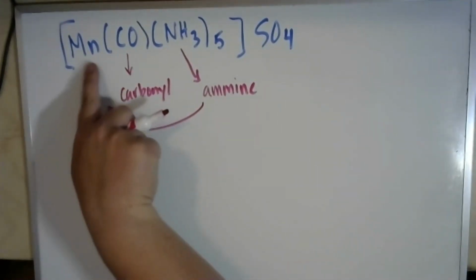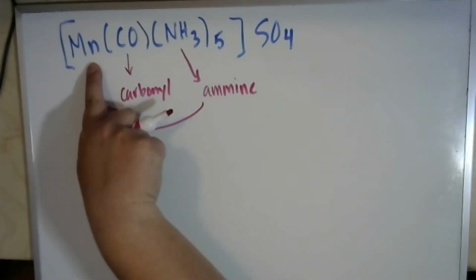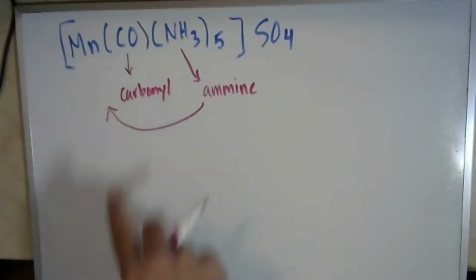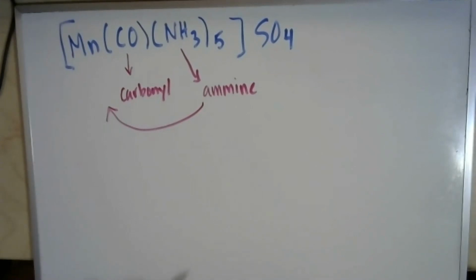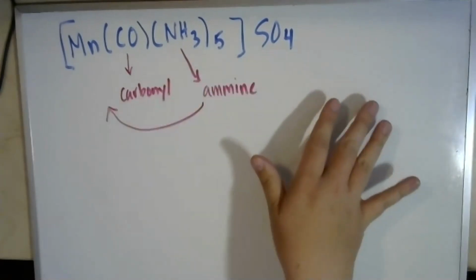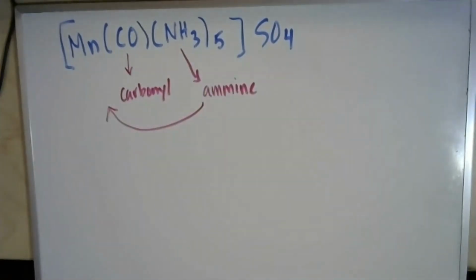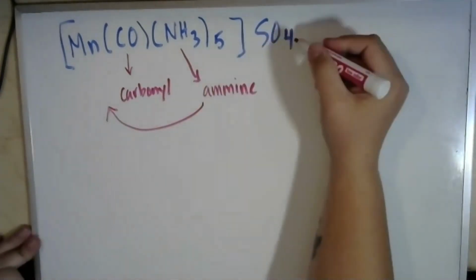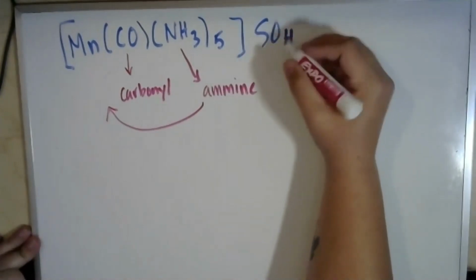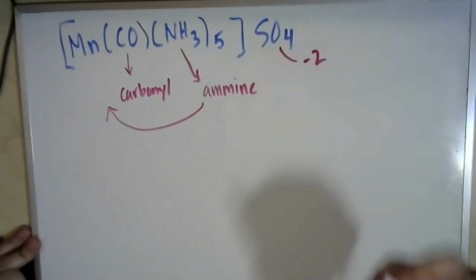Now to figure out what the charge is on our metal, we're going to look at the charges on everything else. We know that everything has to end up neutral. It has to end up with a 0 charge overall. We know that the sulfate ion has a -2 charge.